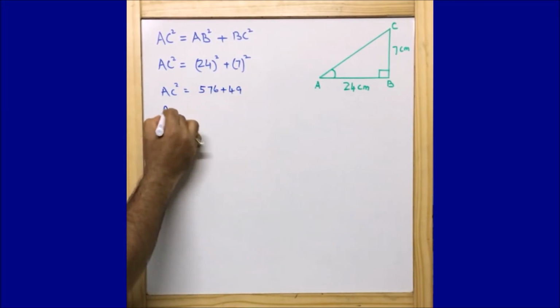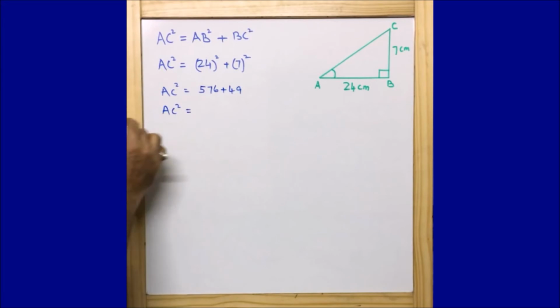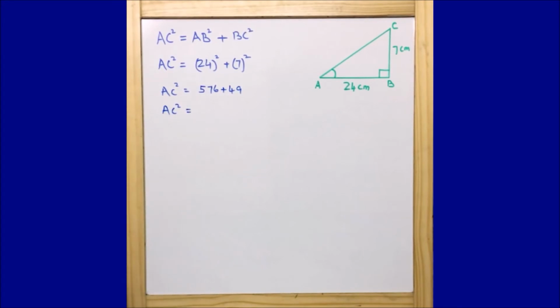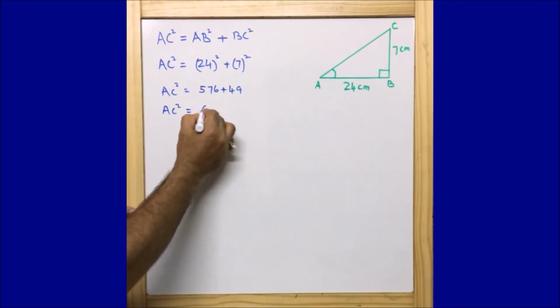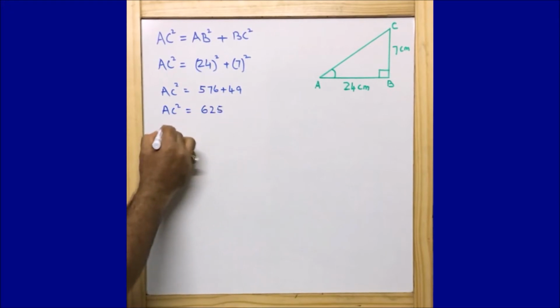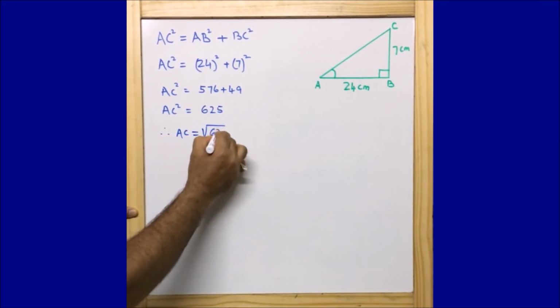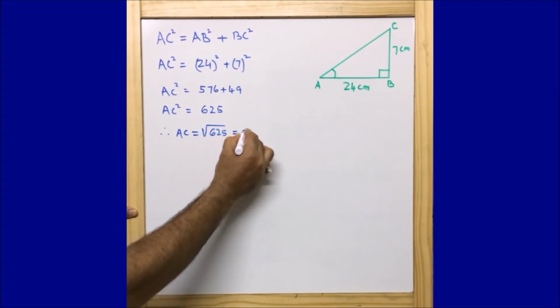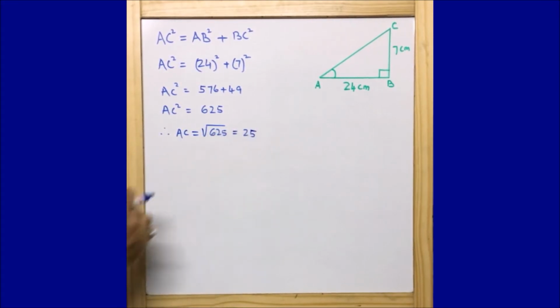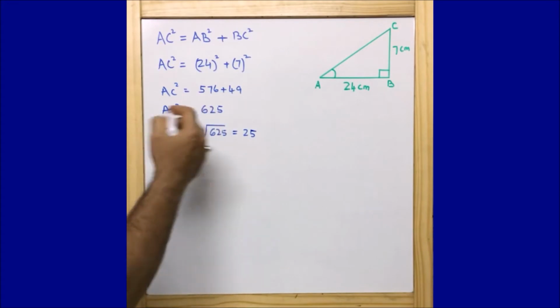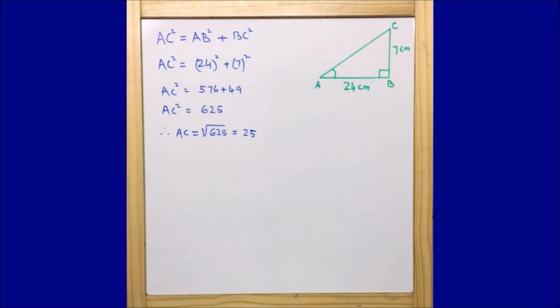So AC square is equal to 576 plus 49, which is equal to 625. Therefore, AC is equal to root over 625, that is 25. So we got the value of AC as 25 centimeter.